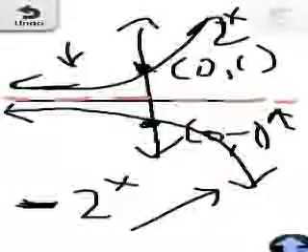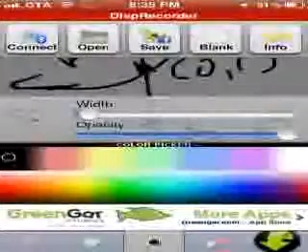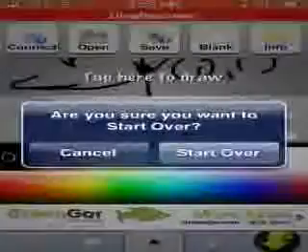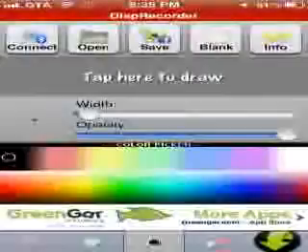Now, there's something else about the exponent graph that you should know. I'm going to do a blank piece of paper here. The normal graph, like that, that's the normal, is increasing.